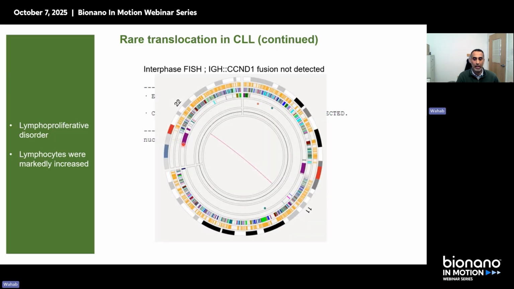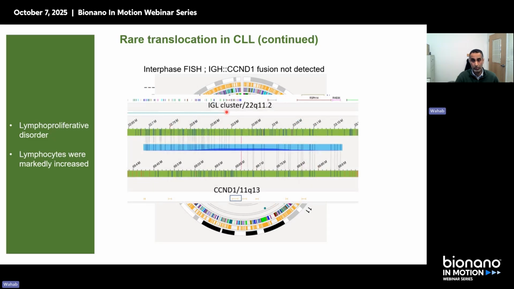But we found an interesting rearrangement with chromosome 22 juxtaposed to chromosome 11, and the gene here was IGL. So it's the 22q11.2 immunoglobulin light chain cluster of genes, and it invariably became, instead of a CLL, a mantle cell lymphoma with respect to this particular driver event involving CCND1 and IGL.